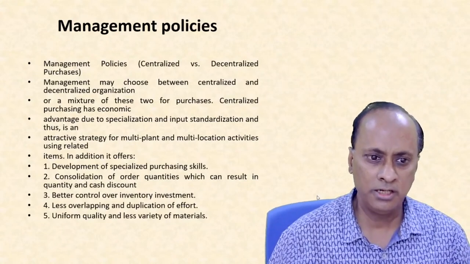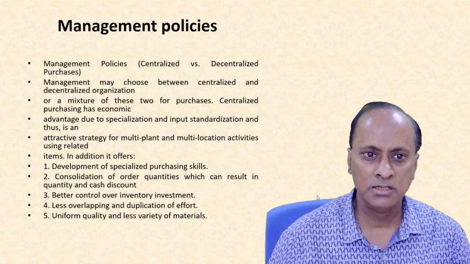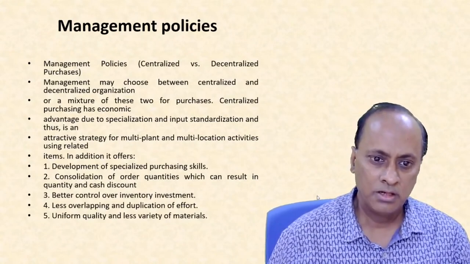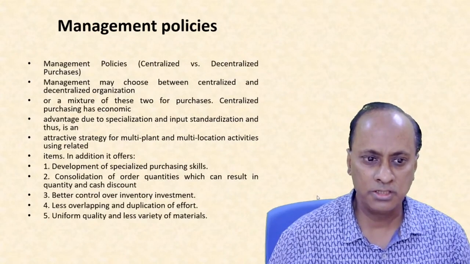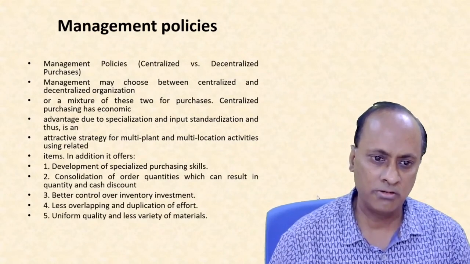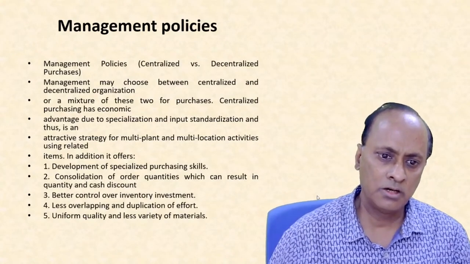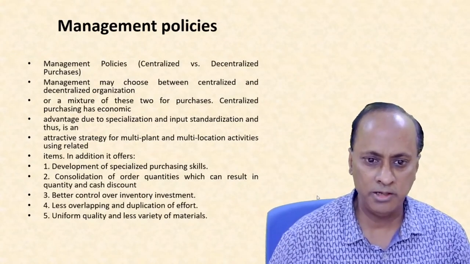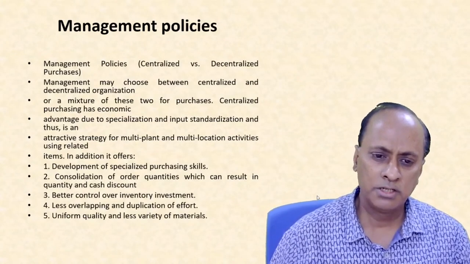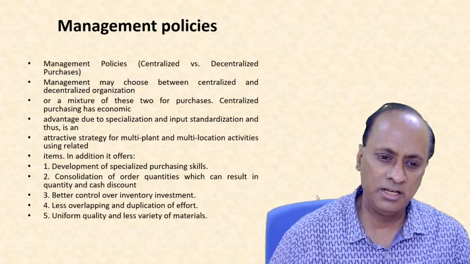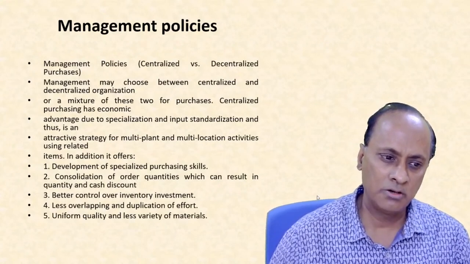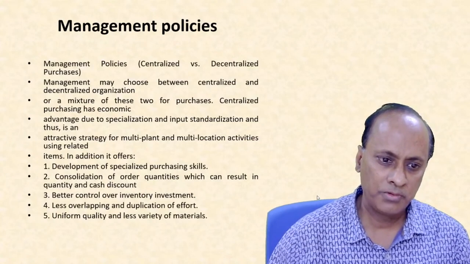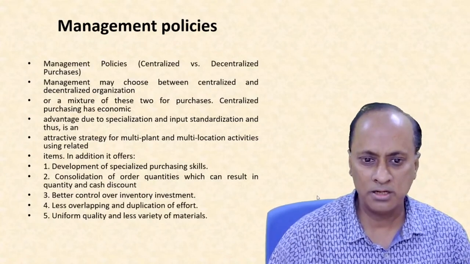In addition, it offers development of specialized purchasing skill, consolidation of order quantity which can result in quantity and cash discount, as I told you. Also, better control over the inventory investment, if you purchase centrally, and less overlapping and duplication of effort.